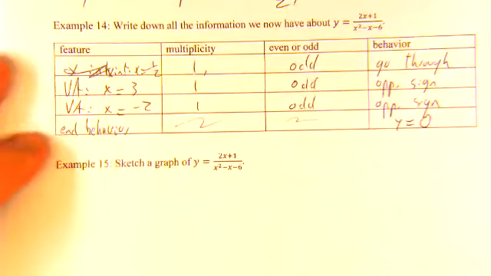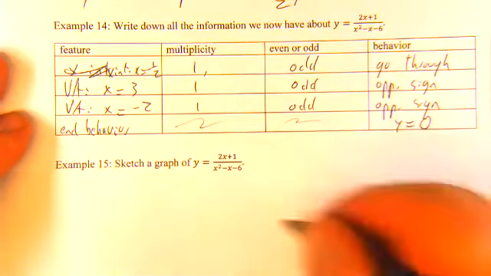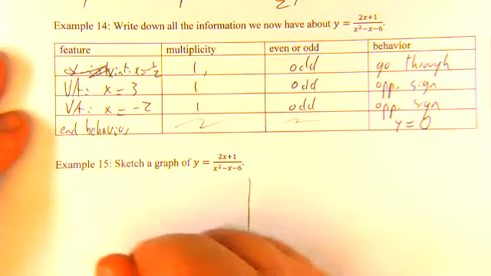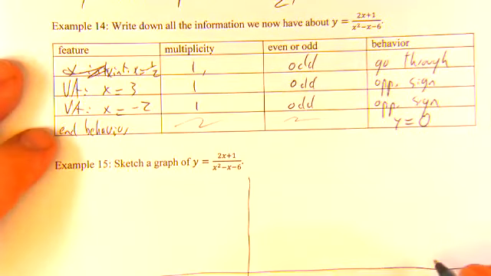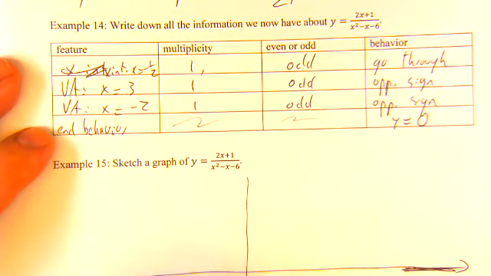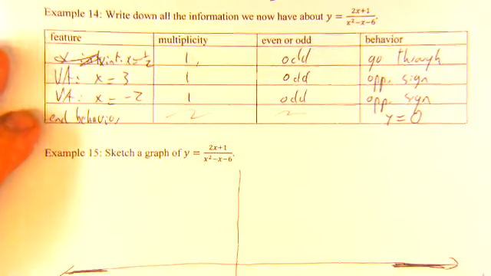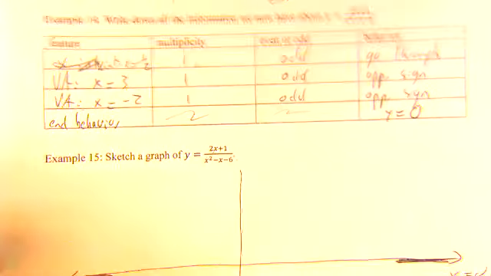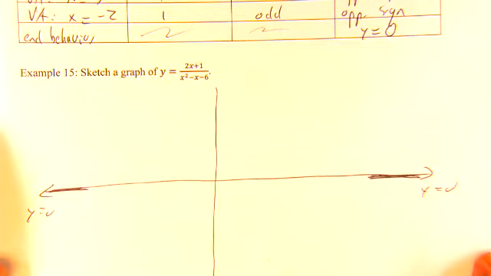So sketch a graph of this. End behavior: y equals 0. Let me bring that up a little bit. There's my end behavior. It's like the x-asymptote. We have to figure out what goes on in the middle.